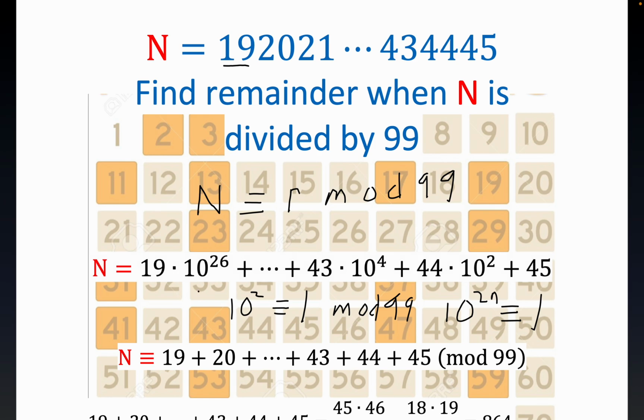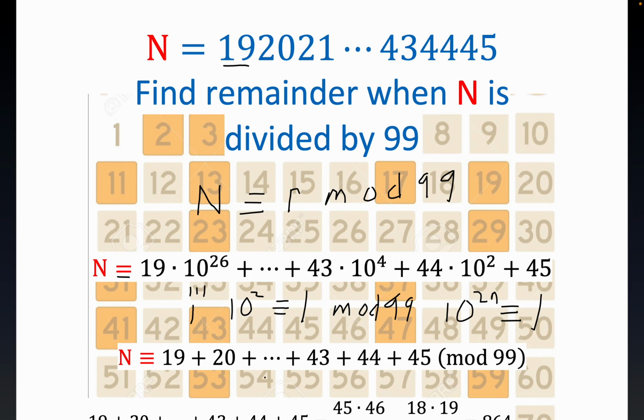This is congruent to 1, right? So all these 10 to the even powers are congruent to 1, and so our equality shifts to a congruence, a triple equal sign, or triple bars, if you will. So you have this going on, and now the problem simplifies immensely. Notice how 45 just kind of rode along, right?